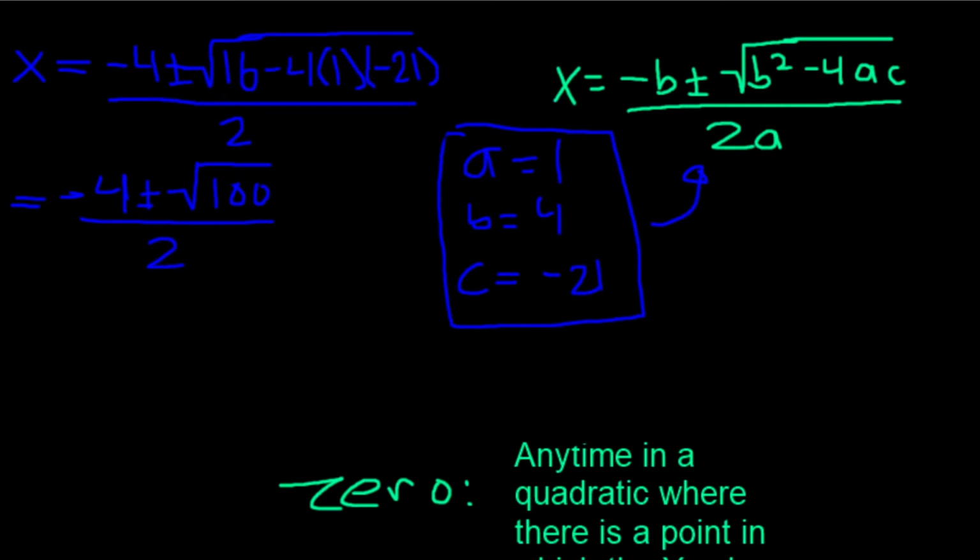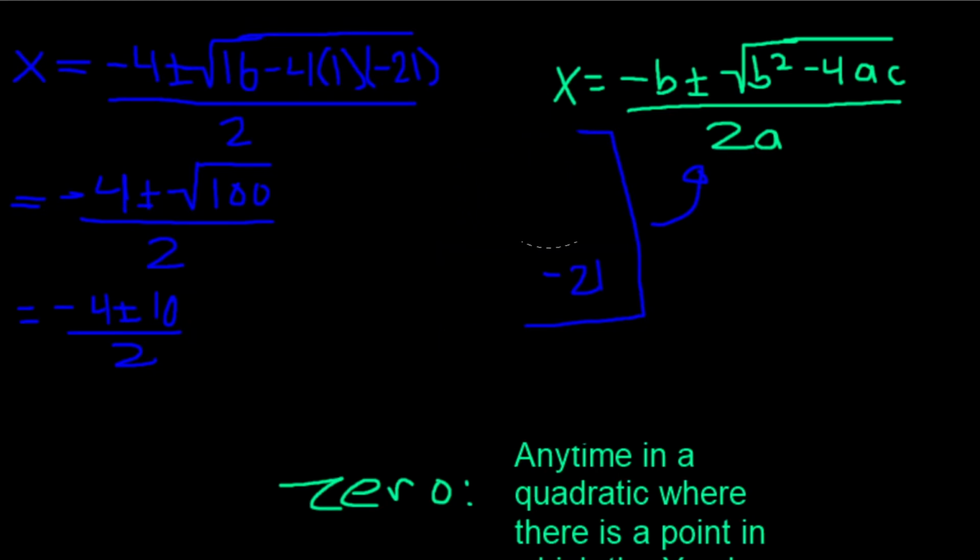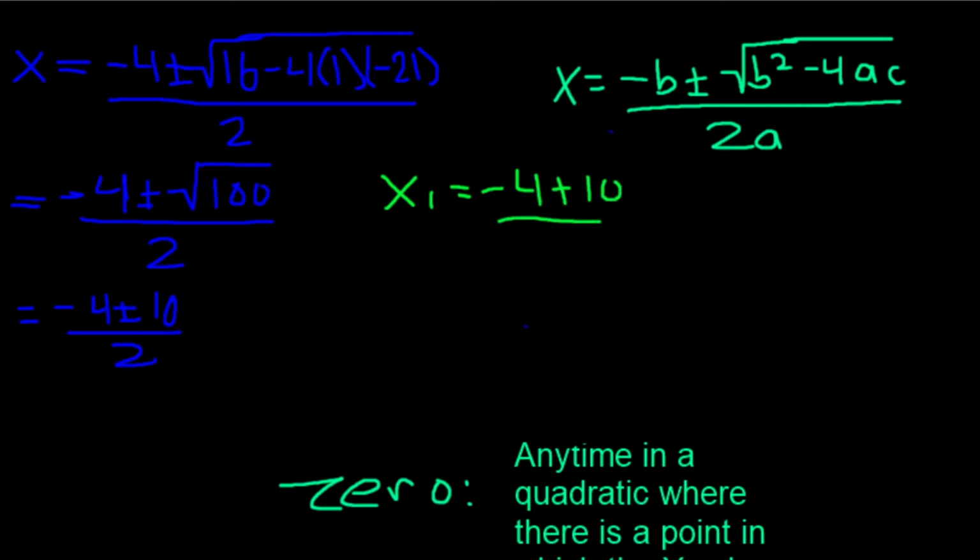All divided by 2. So you're going to get negative 4 plus or minus the square root of 100, which is 10, over 2. The only thing you can do from here is that you have two possibilities for x. I'm going to get rid of this to clear up some space. x1 is equal to negative 4 plus 10 over 2, and the other scenario, x2, is going to be minus 10.